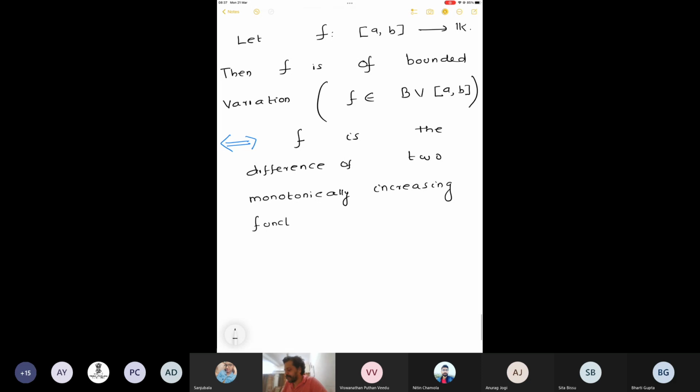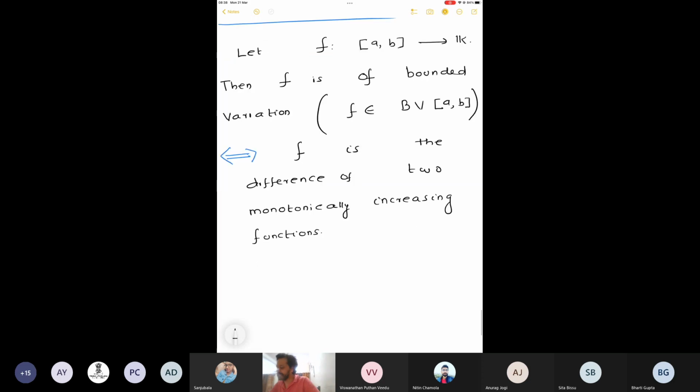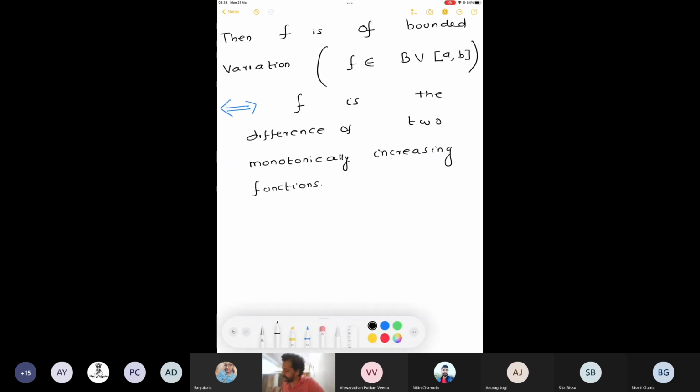This is an important characterization of functions of bounded variation. It precisely tells you when a function will be of bounded variation. That can happen if and only if that function can be split into two functions, a difference of two functions, both of which are monotonically increasing. One part is an obvious proof.